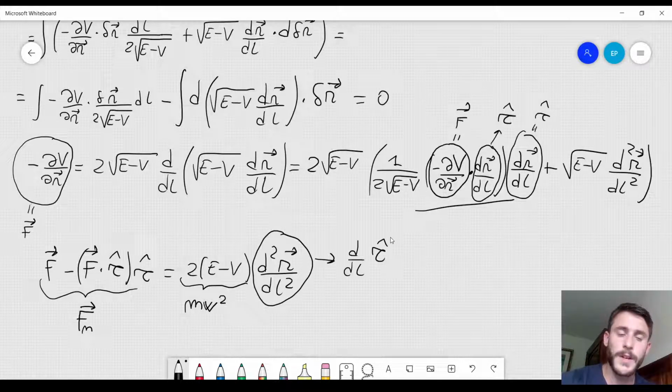Then I have this derivative here, which I can rewrite as d over dl of dr over dl, which is the tangential vector. And dl can also be expressed as the radius of curvature of the path, which multiplies an angle d theta, which is measured like this.